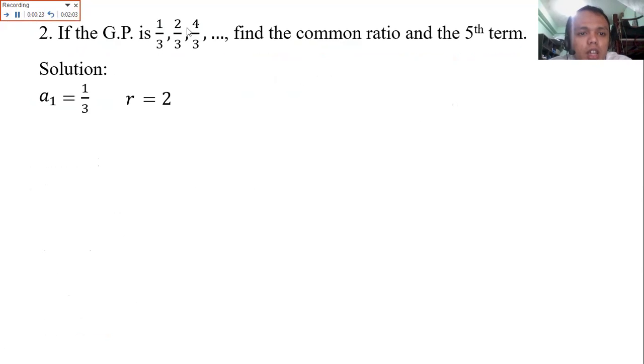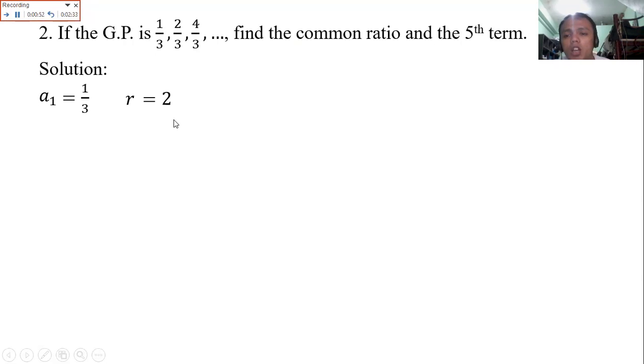Again, divide: 2/3 divided by 1/3 is equal to 2/3 times 3 over 1. We get the reciprocal since we are dealing with fractions. Then proceed to multiplication. So 2 times 3 is 6, 1 times 3 is 3, so 6 divided by 3 is 2. So that's why your common ratio here is 2.